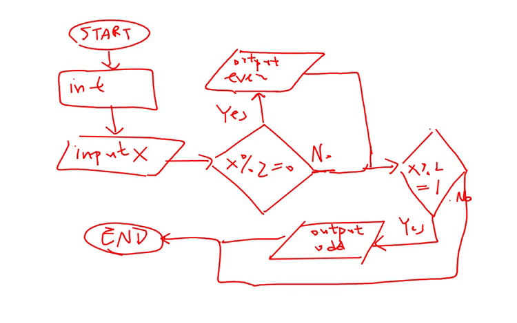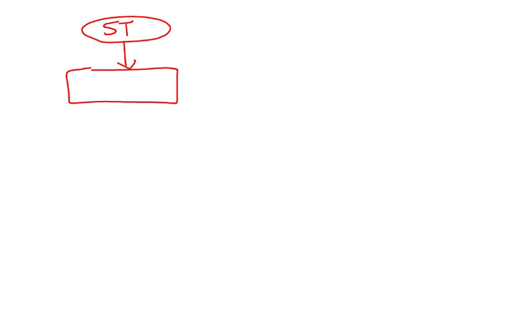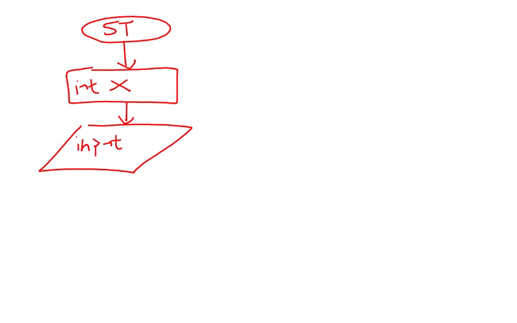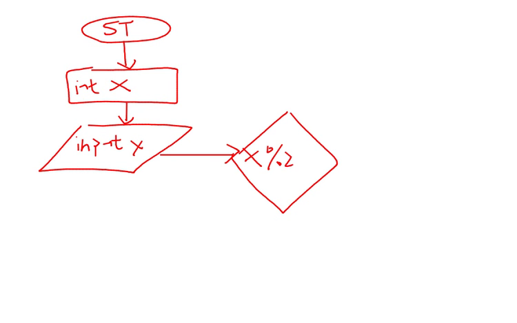Now, how do I change this so that the if-else replaced the two ifs? So start. We still defined our int x. We still input x. And now we go to the if. Is x modulus 2 equal to 0?